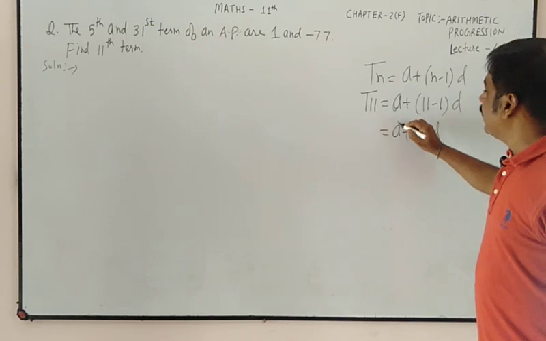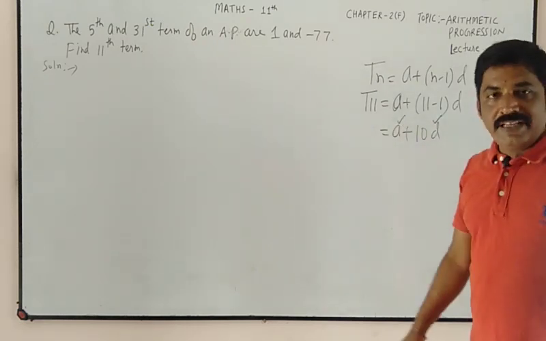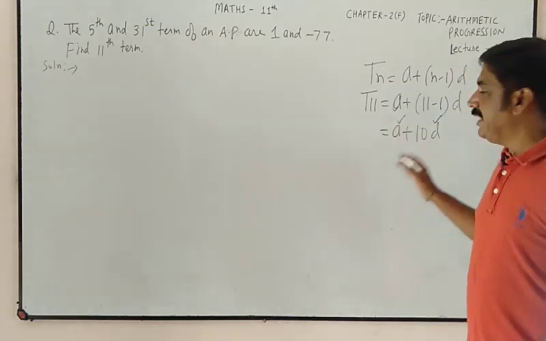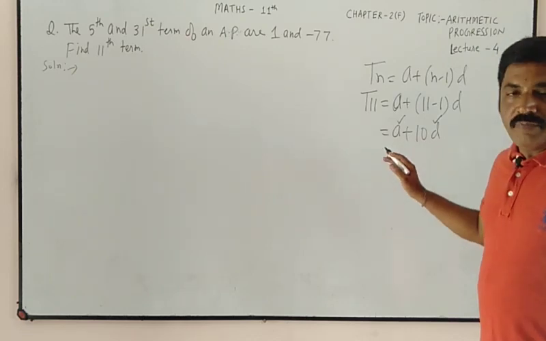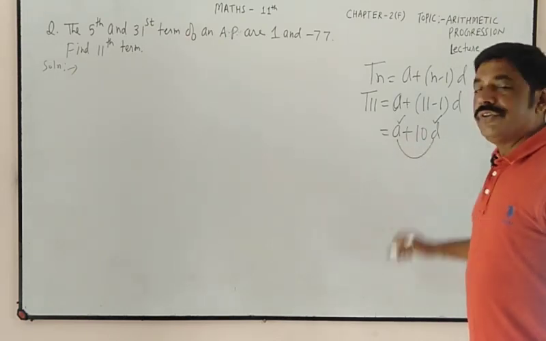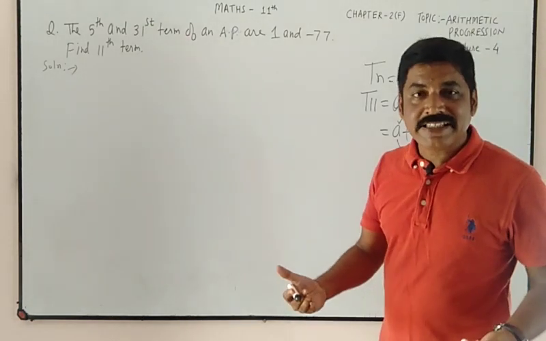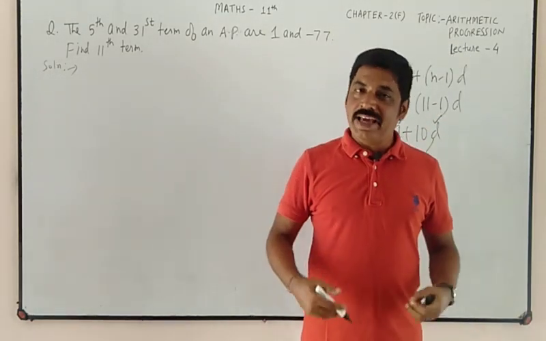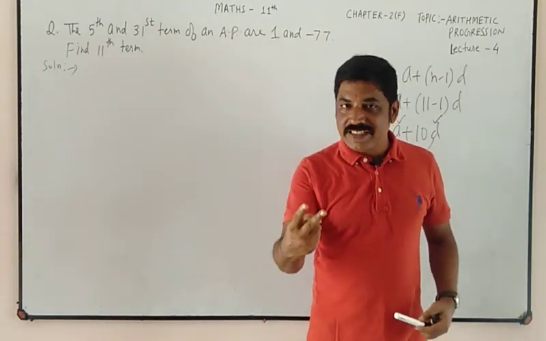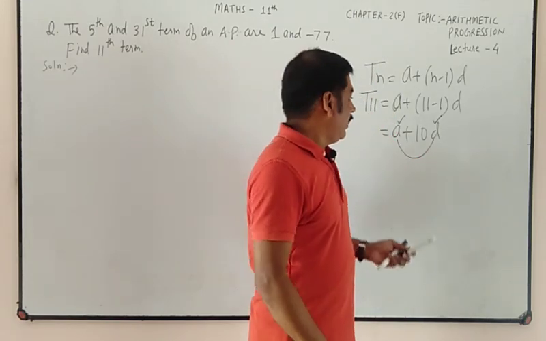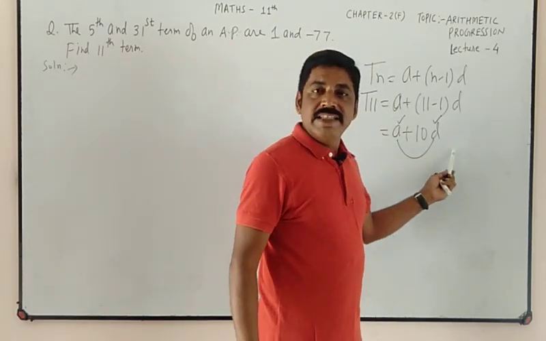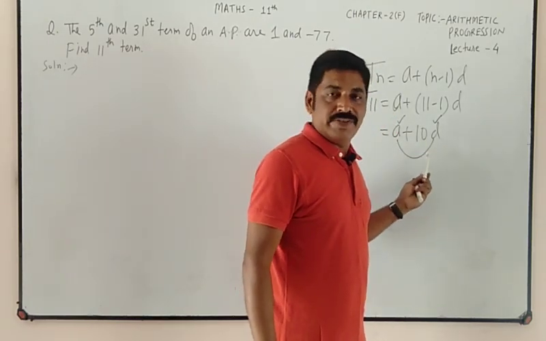Now unknown values are A and D, where A is first term and D is common difference. Since there are two unknown values, we should have two equations regarding these two unknown values.